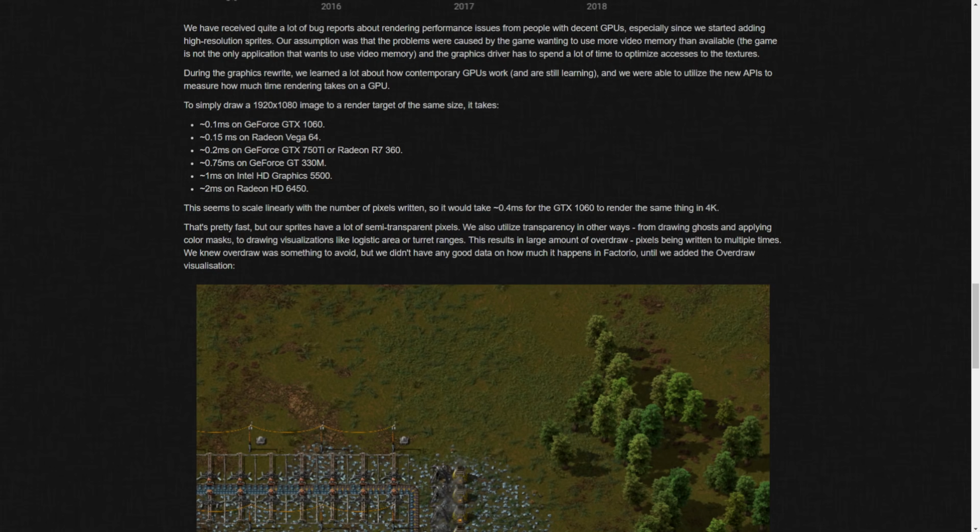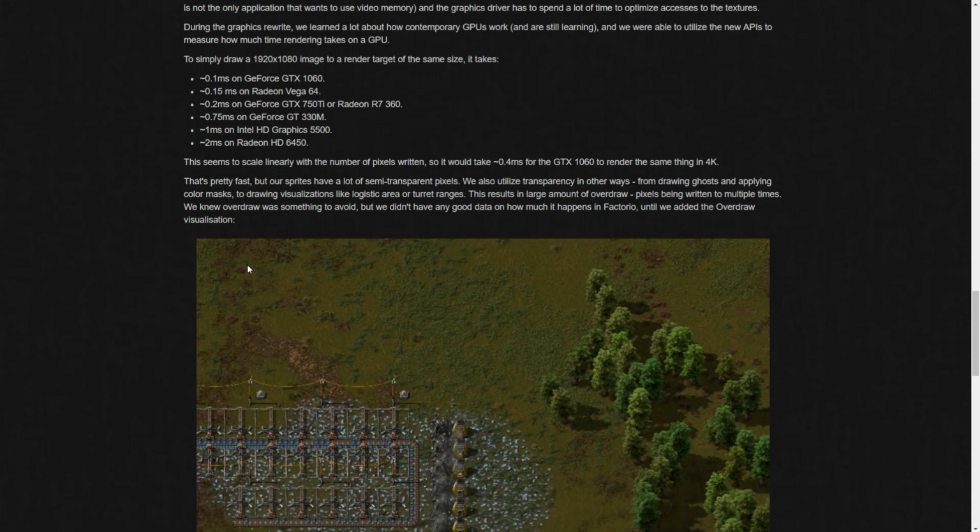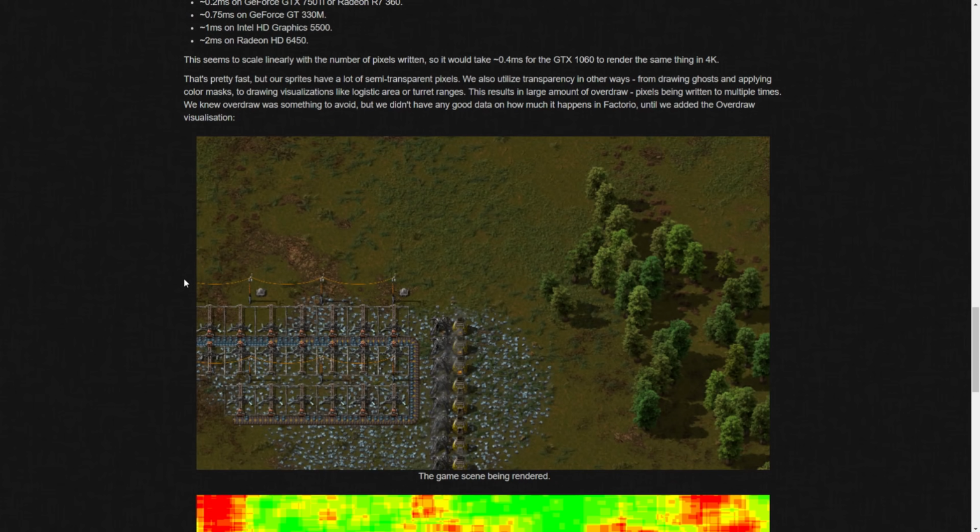So that's pretty fast, but our sprites have a lot of semi-transparent pixels. We also utilize transparency in other ways, from drawing ghosts and applying color masks to drawing visualizations like logistic area or turret ranges. This results in large amounts of overdraw pixels being written to multiple times. We knew overdraw was something to avoid, but we didn't have any good data on how much it happens in Factorio until we added the overdraw visualization. So the game scene being rendered, and then overdraw visualization.